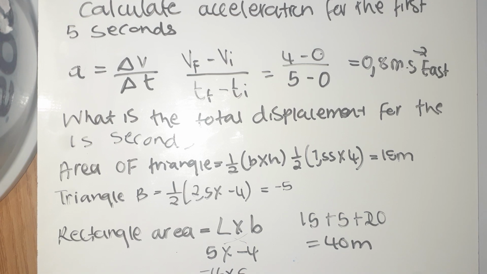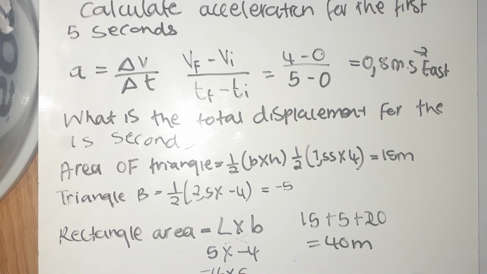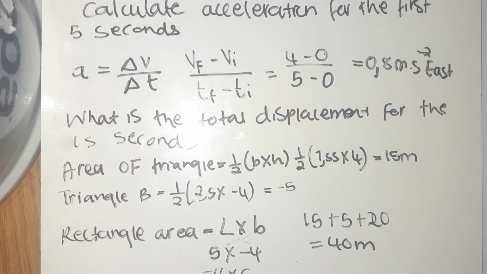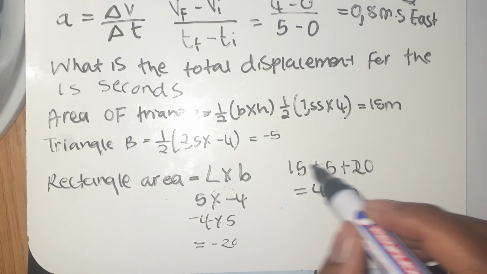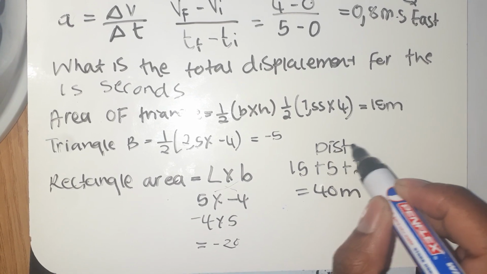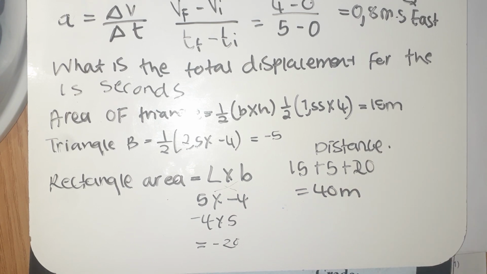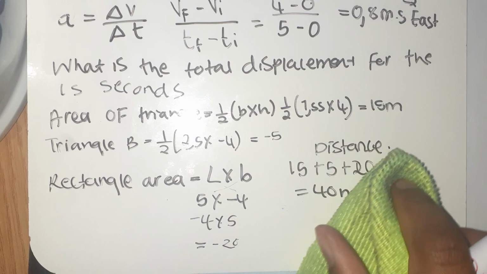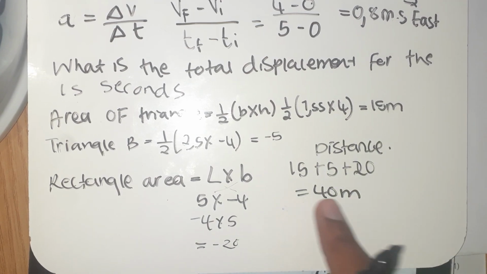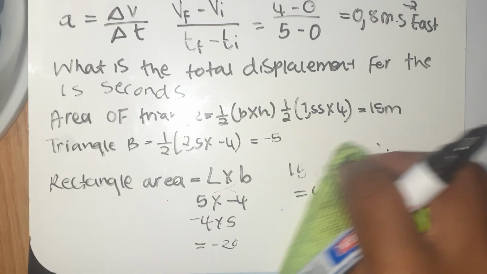And then another thing that they can ask you is, what is the total distance for the 15 seconds? So guys, I made a mistake. What I just calculated is the distance, not the displacement. So when they ask you for the distance, you add these areas together.